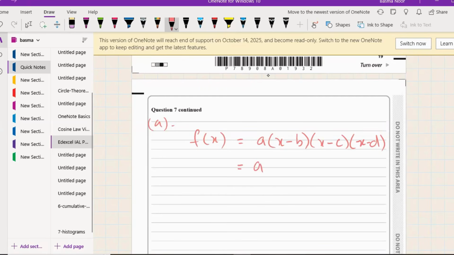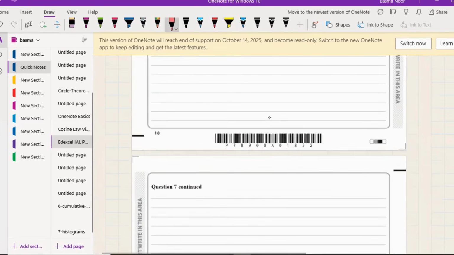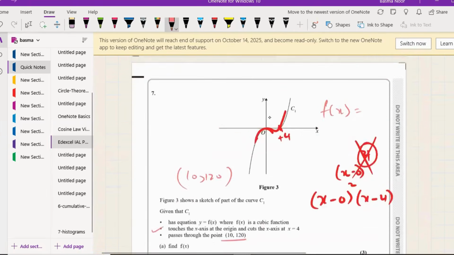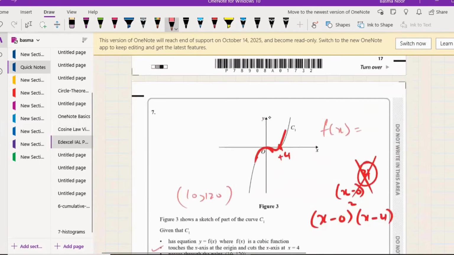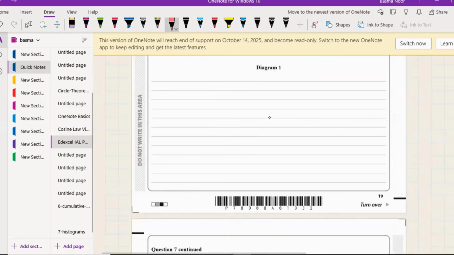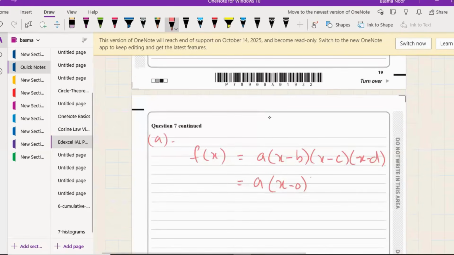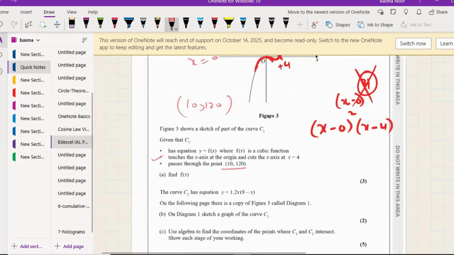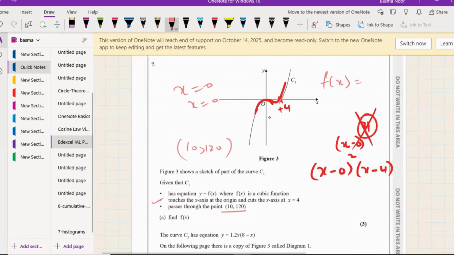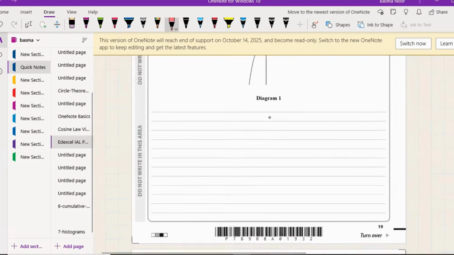We don't know what a is, but we know the curve is bouncing at 0. The curve is bouncing at 0, so we are going to write it 2 times: x equals 0, x equals 0. Make zeros go to the other side, that becomes x minus 0, b is 0, x minus 0, c is also 0, and since the curve is crossing at x equals 4, that becomes x minus 4 here.